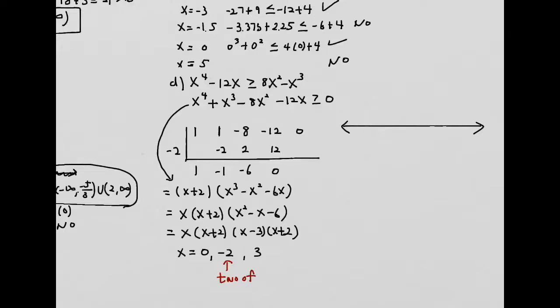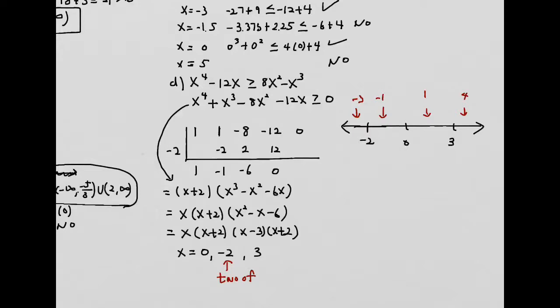So negative 2 will be the smallest, and then we have 0, and we have positive 3. We should be able to test four different areas, so let's test four numbers. We can test maybe negative 3, negative 1, positive 1, and positive 5.